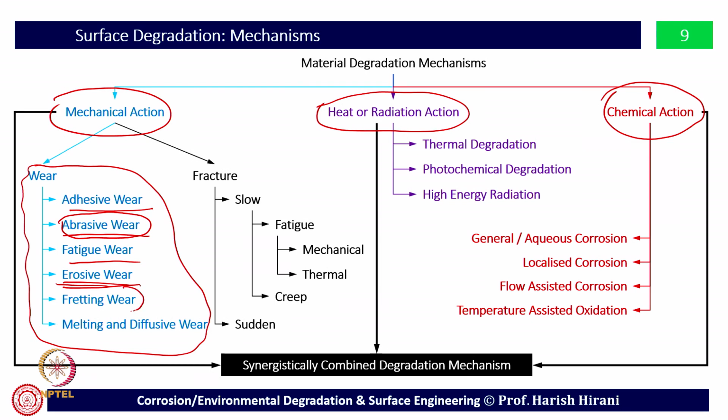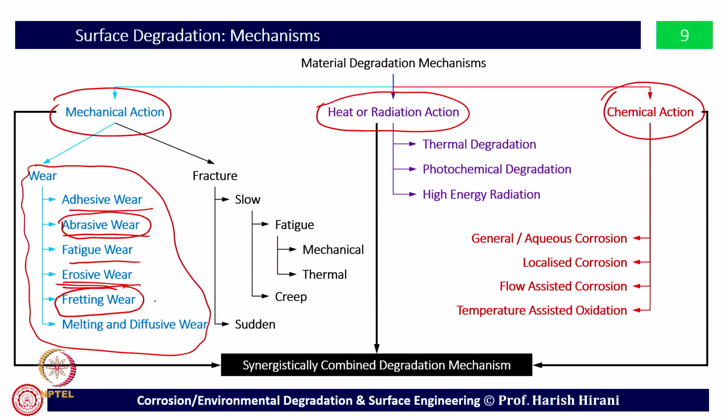Fretting wear is very dangerous in a way, a kind of silent wear. We do not realize that the two systems which are connected with each other have some sort of micron level amplitude, vibration is almost negligible, unnoticeable, and that causes fretting wear.